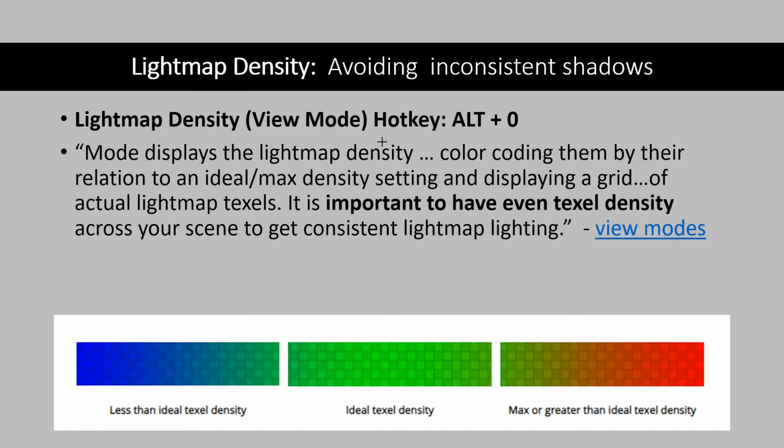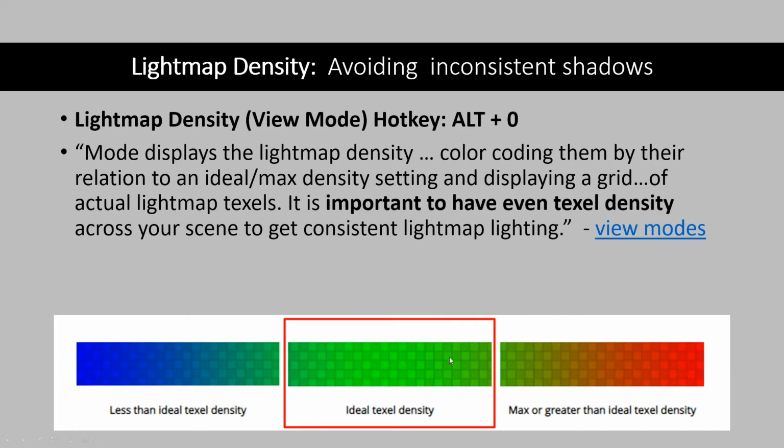Using hotkey Alt-0, you can pull up the light map density view mode, and quoting some of the Unreal docs here: the light map density color codes based on the relationship for the ideal versus maximum impact on your game in terms of hit and texel density. The goal is basically you want to see green, which would be the ideal texel density.